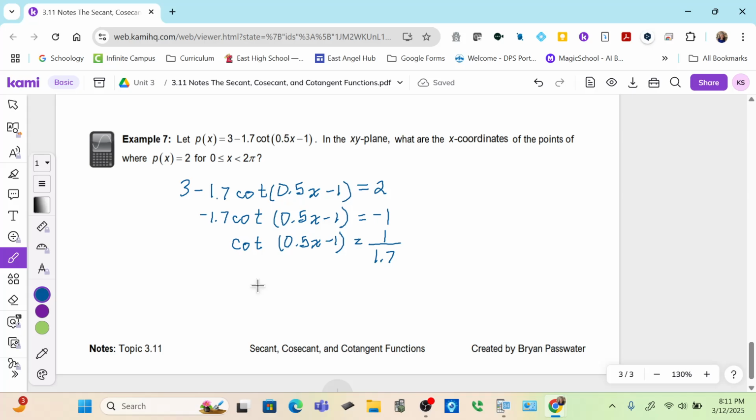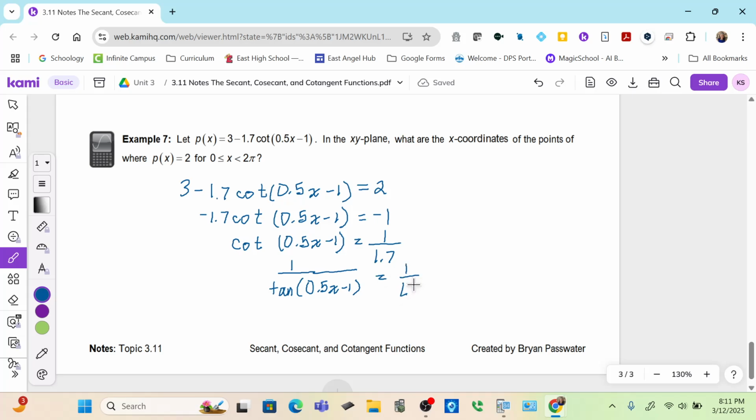Remember that cotangent is the same as 1 over tangent. So tangent of 0.5x minus 1 is going to equal 1 over 1.7.